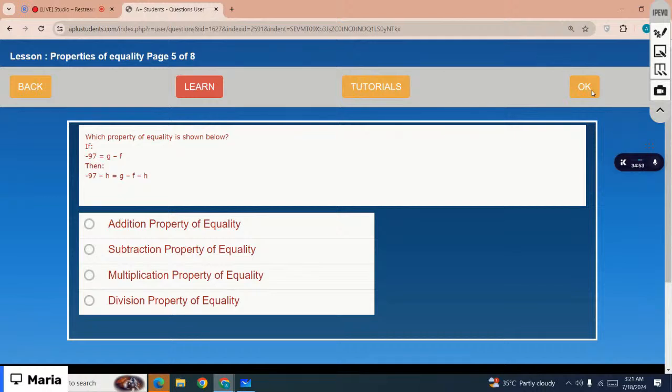You are subtracting h on both sides, right? When you subtract the same number from both sides of the equation, that keeps the equation balanced. So that is the subtraction property of equality. Option number two is the correct option.